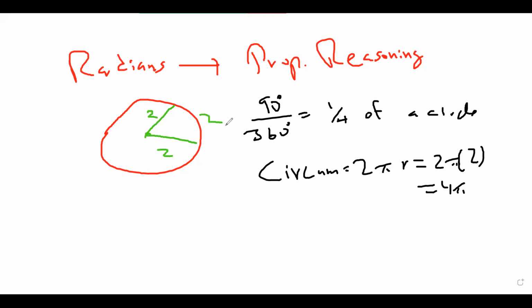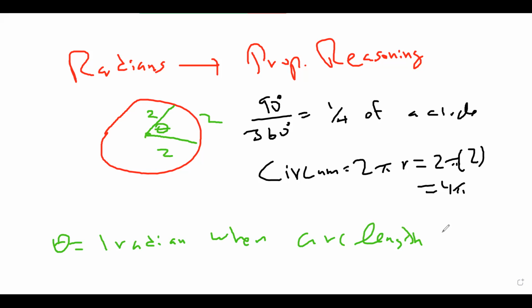There's no reason why the arc can't be the same length as the radius. When that happens, theta equals 1 radian. So R is definitely on the right track. When the arc length equals the radius, we say the central angle is 1 radian. That's the definition of 1 radian.